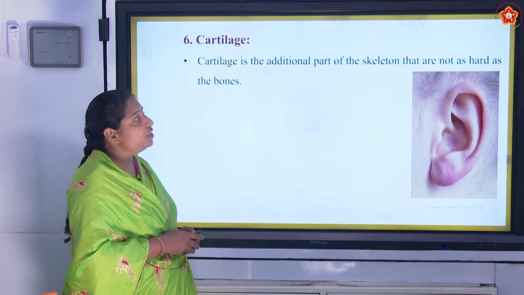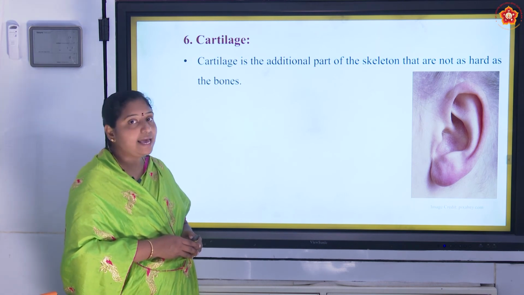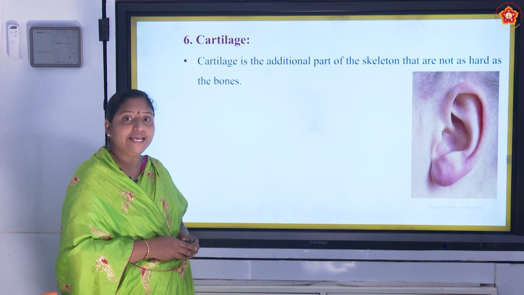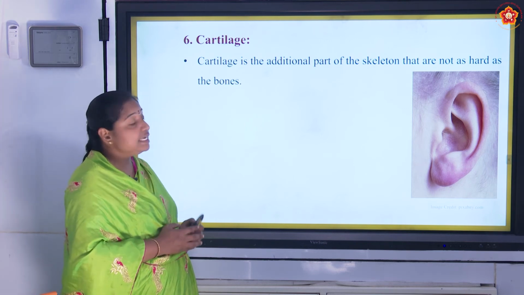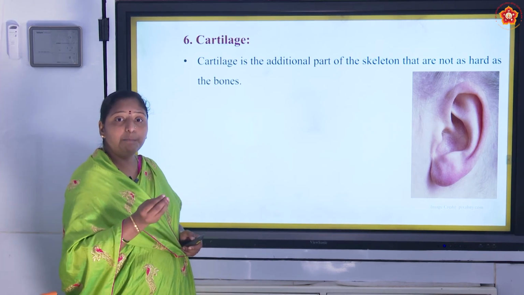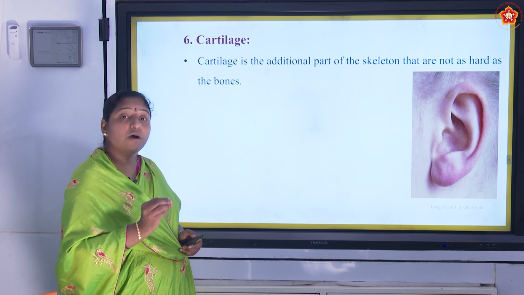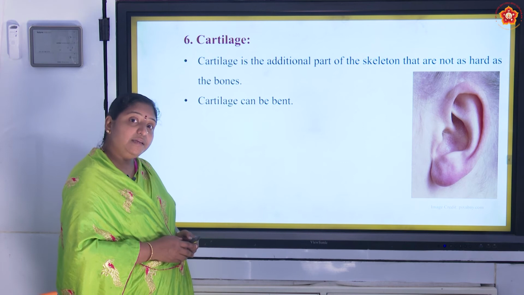Cartilage is the additional part of the skeleton that is not as hard as bone. Bones are very hard. They are made up of calcium. And if we see the cartilage, it is not as hard as bone. It can be bent easily. It is soft in nature. Cartilage can be bent.